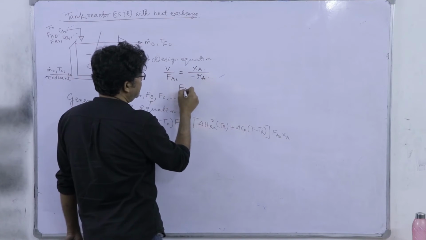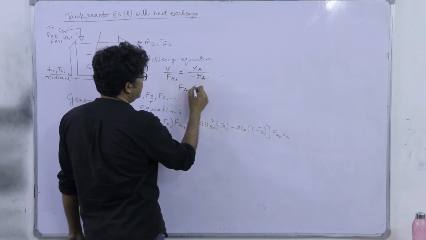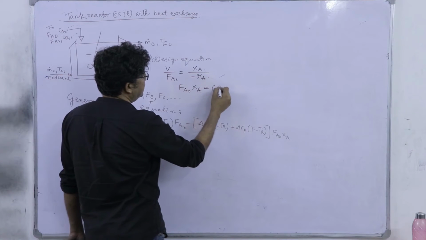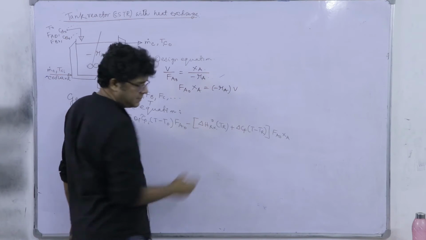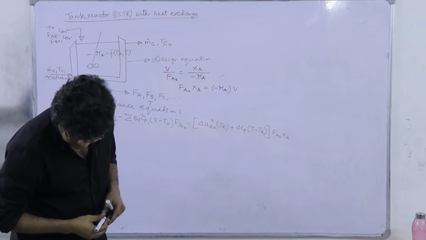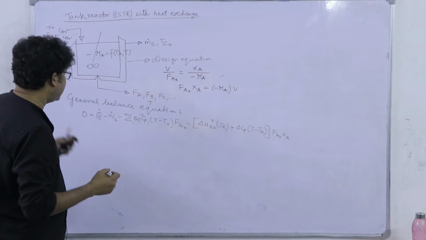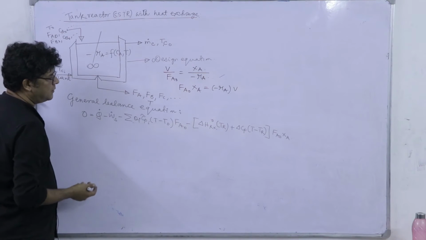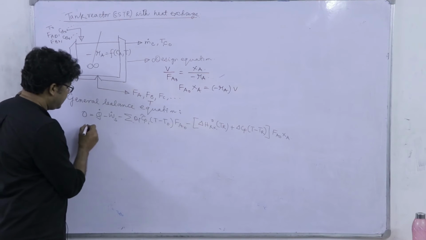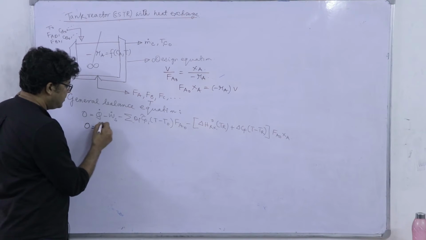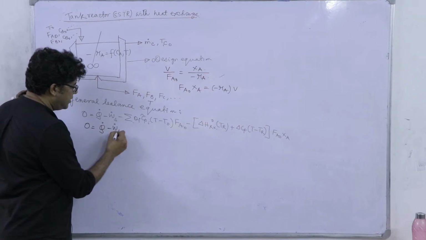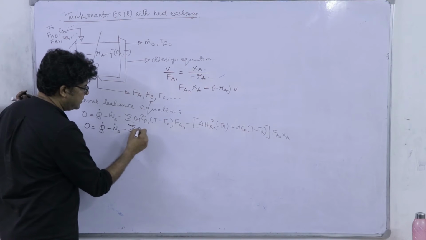So, Fa naught into Xa equal to minus Ra into V, right. So, we can replace this Fa naught into Xa term by minus Ra into V because Xa may be unknown. For simulation problem, Xa is unknown.